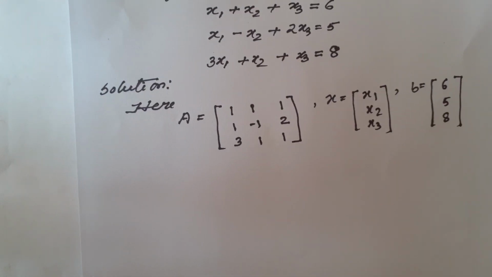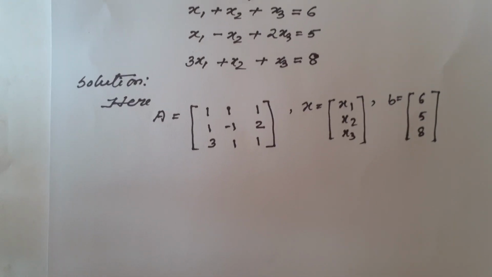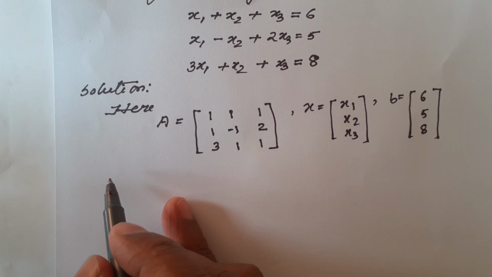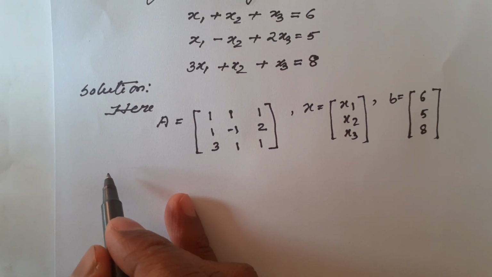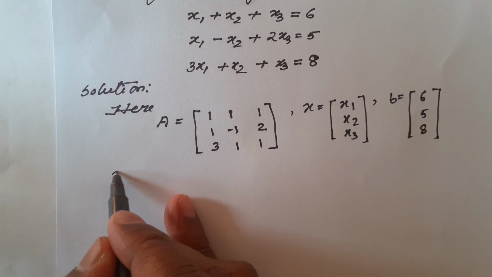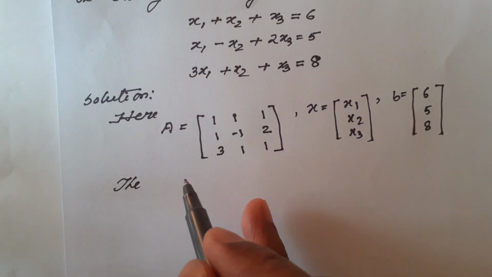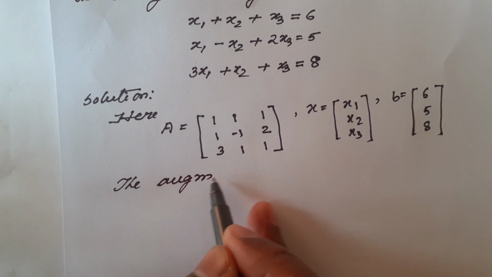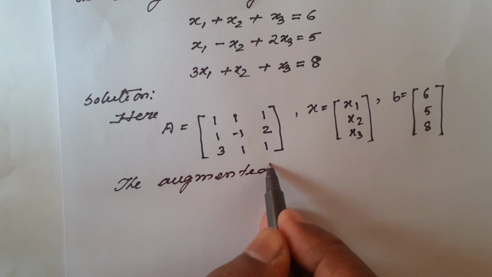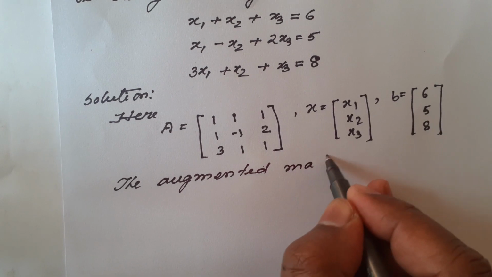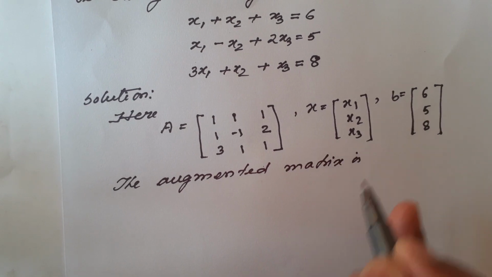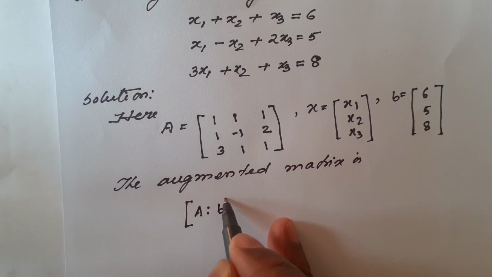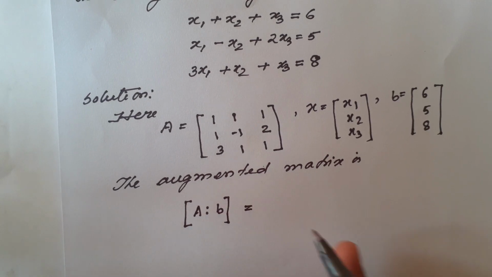We begin with the augmented matrix and reduce it to row echelon form. The augmented matrix is A with the column of B augmented to it.